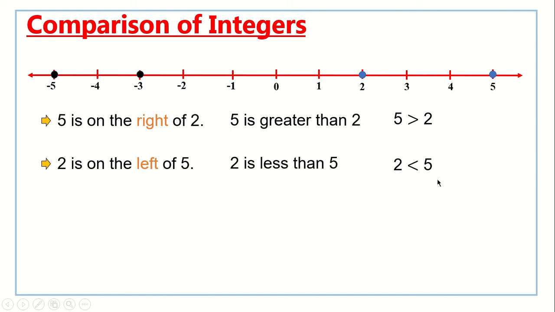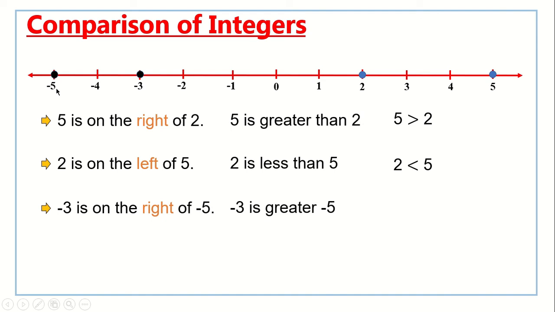Now, look at points -5 and -3. You can see that -3 is on the right of -5. So this means that -3 is greater than -5.